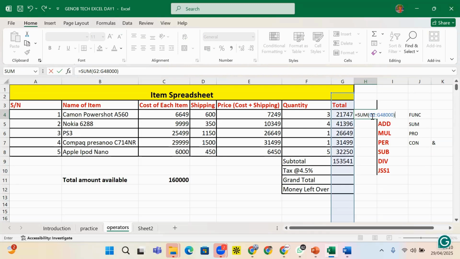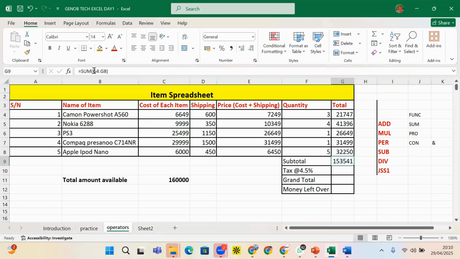If I enter, it will sum everything that is in that range for me. Imagine me entering G2 plus G3 plus, till I get to 48,000, my brother. It will take me how many days to solve that problem? So that's where a range comes in.